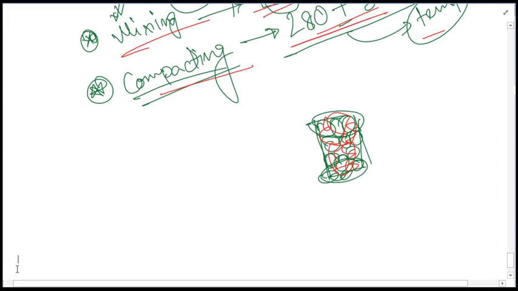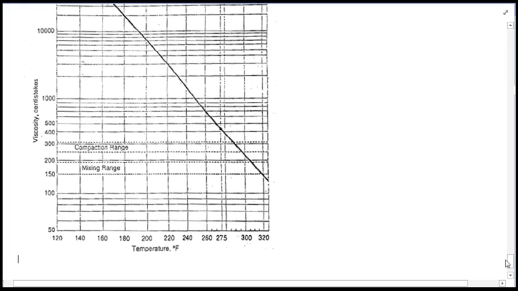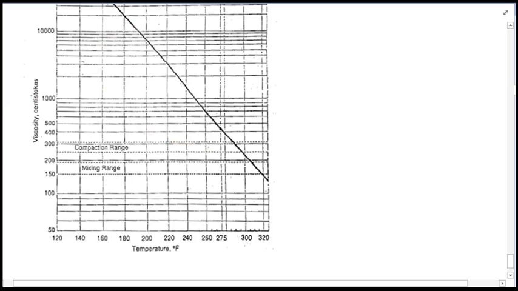If I import this, this will be the chart which shows you viscosity in centistokes, as you can see here, and the temperature in Fahrenheit is already given there.